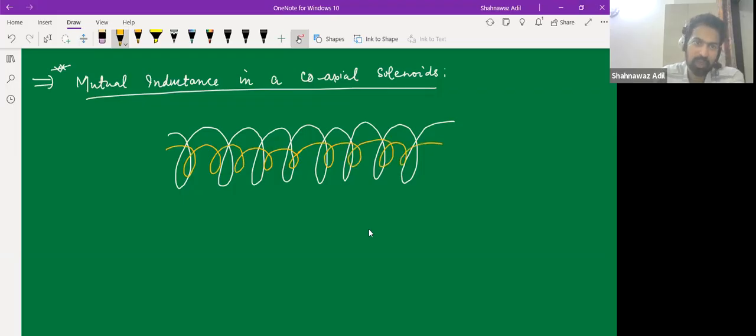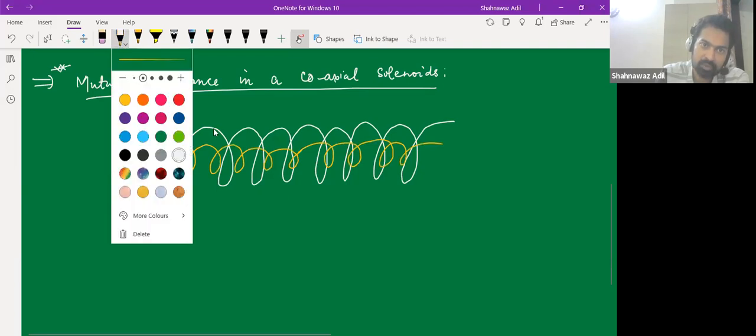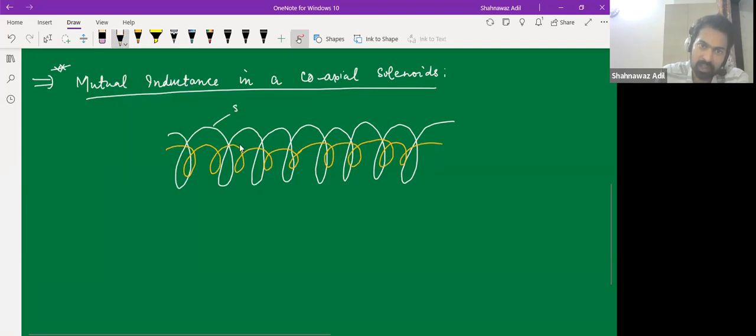So two solenoids, let's say this is S1 and this is S2. In this solenoid, current I1 is flowing, and in this solenoid, current I2 is flowing.